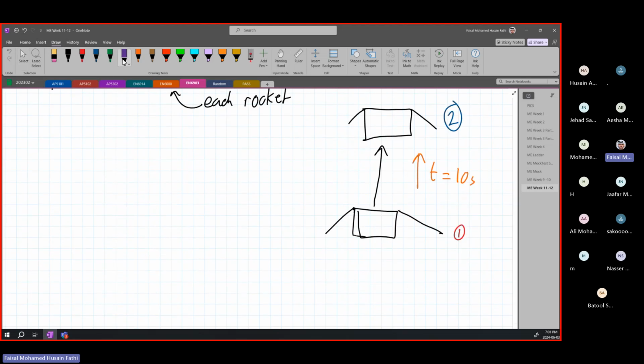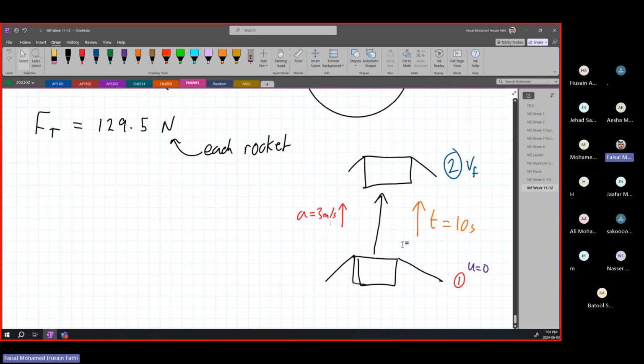We know that it started from rest, so U is equal to 0, or V1 is equal to 0. And here we have V final, or just V2. And we have our acceleration as well, upwards at 3 meters per second squared. This is simply linear motion.